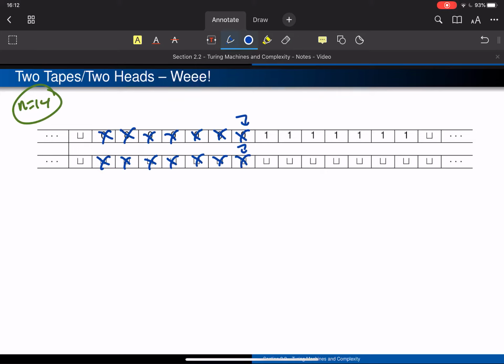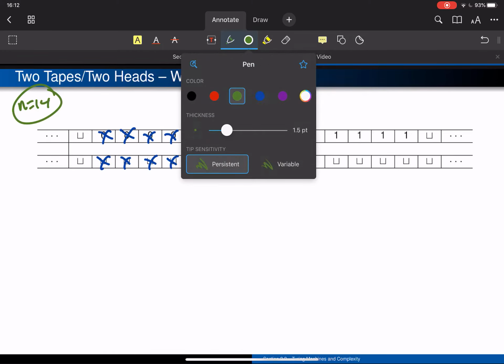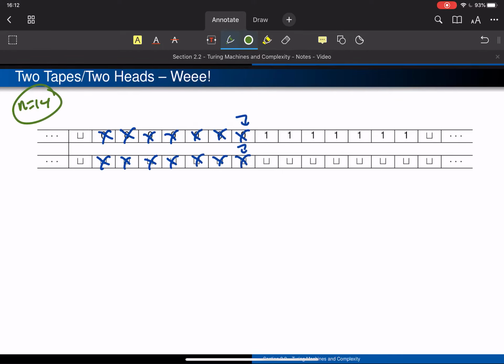So what ends up happening is that when that top one moves over and begins seeing that 1, the second tape is going to change direction and begin removing all of those X's. Essentially, this block of X's should then be the same length as that block of 1s.